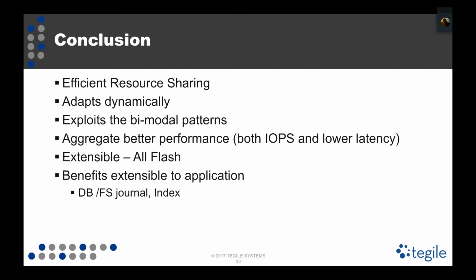It also creates more parallelism at the SSD drives, which is a good advantage. The more queue depth you have at the drive level, the better they perform, and IOPS are even better. It adapts dynamically. The resource sharing is dynamic based upon size or a threshold of, say, fragmentation.